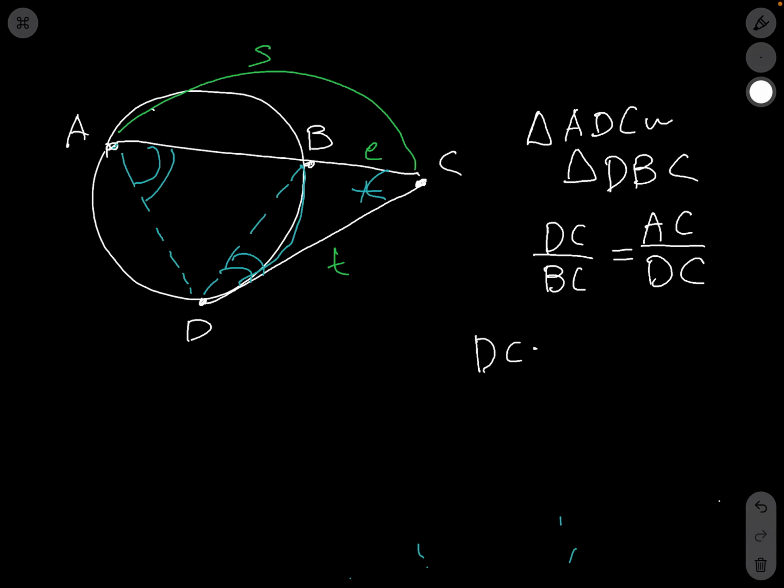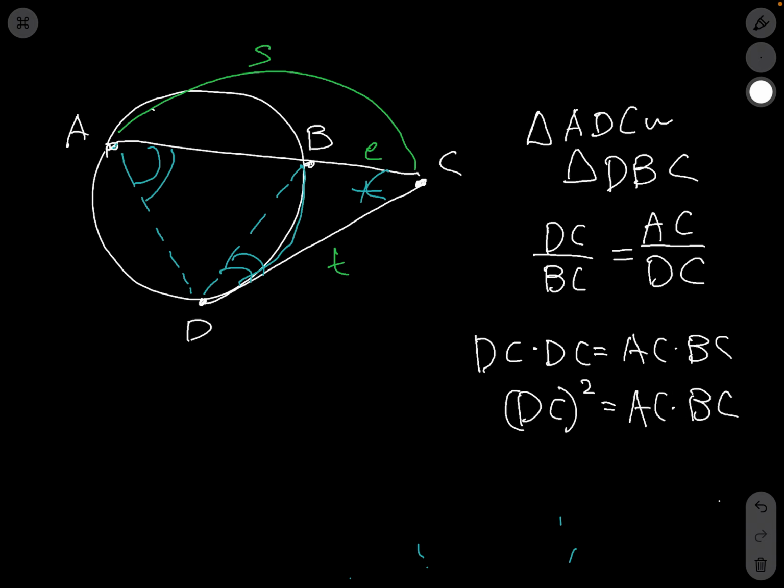And we can say DC times DC equals AC times BC. And so same thing as DC squared equals AC times BC. And we can substitute for these letters we put down earlier. So DC I had as T, so T squared equals AC, which is the whole secant, times BC, which is the external part of the secant. And so this is the tangent-secant power theorem.